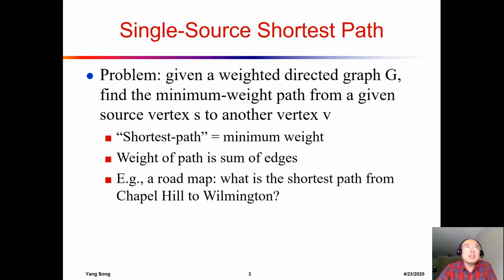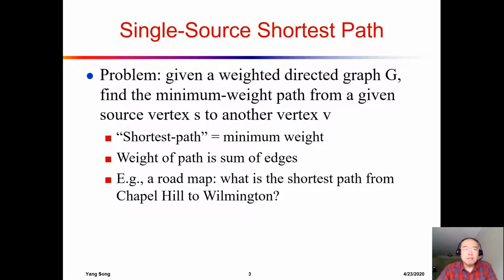If we just consider the total mileage to be the weight of each path, we can decide depending on the total mileage, the distance we are going to travel, which way we would like to go. That is, we are using the weight as the mileage. Of course, we can use the weight as something else, for example, the total time expected, because from Raleigh to Wilmington we can do I-40 the entire way.